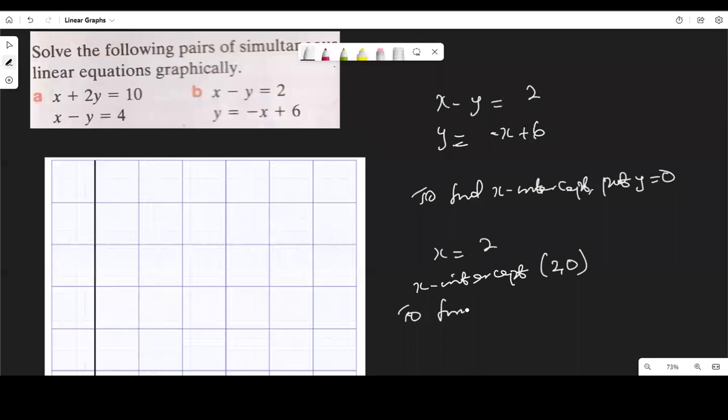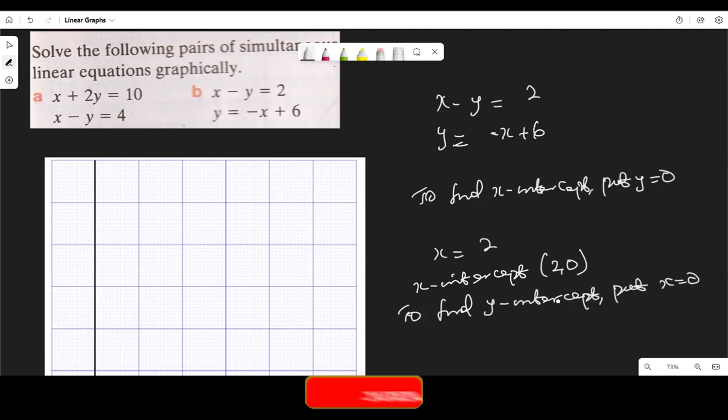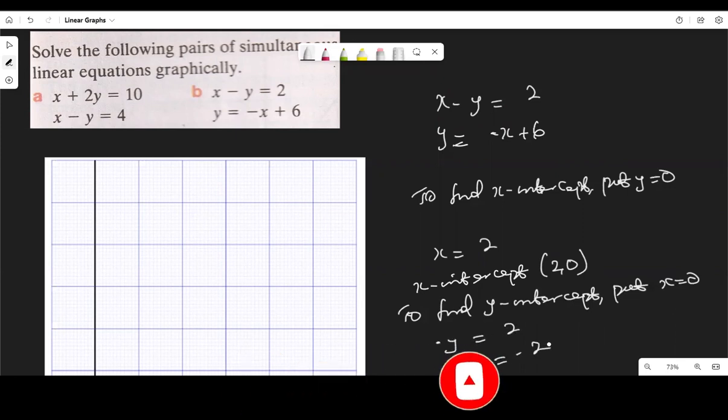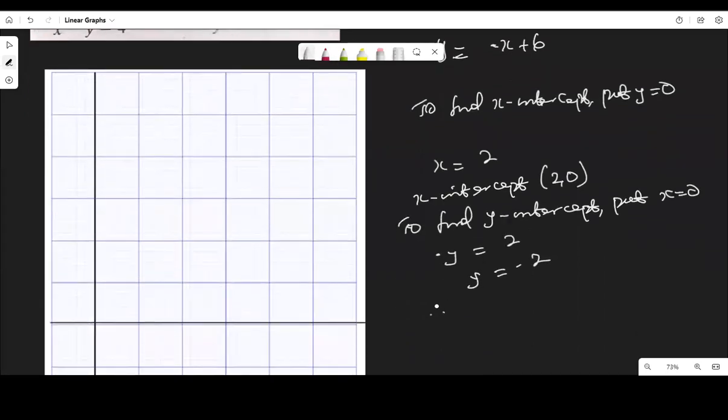To find y-intercept, we put x to be 0, so that negative y is equal to 2, meaning y is equal to negative 2. Therefore, y-intercept is 0 and negative 2.